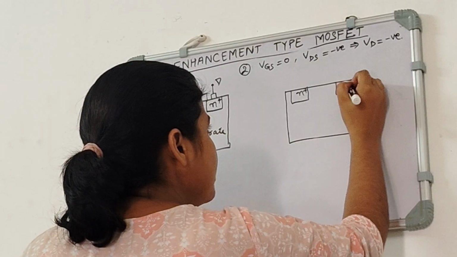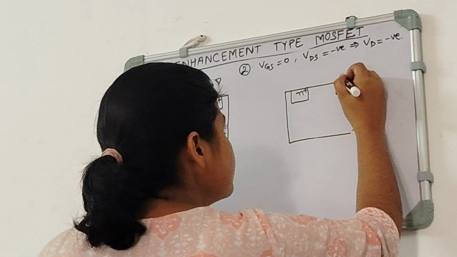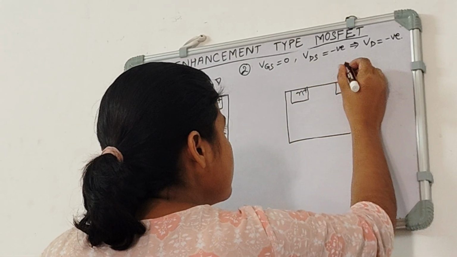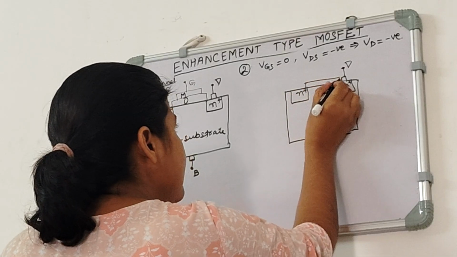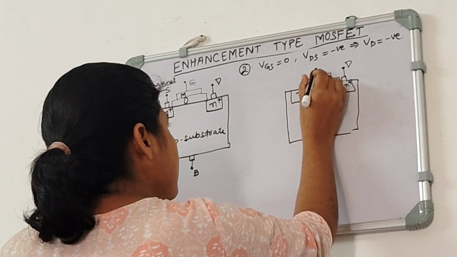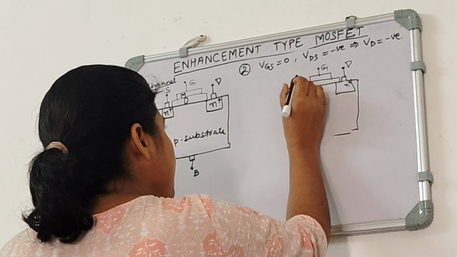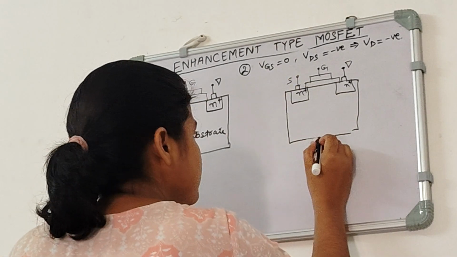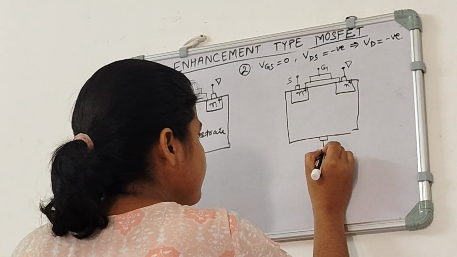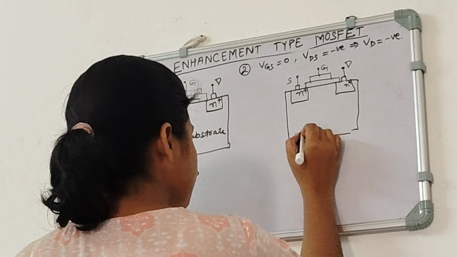So this is our drain, this is source, and this is oxide layer, this is metal layer, and this is gate terminal, and this is source terminal, and this is body terminal, and this is P substrate.